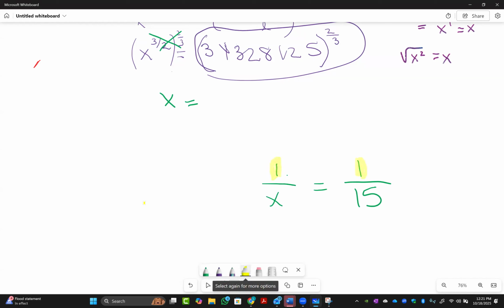Could x be anything but 15? It would have to equal 15. The only way this is true is if x equals 15, because I would have 1 over 15 equals 1 over 15. If I put x equals 16, I would have 1 over 16 equals 1 over 15, which is not true, right?